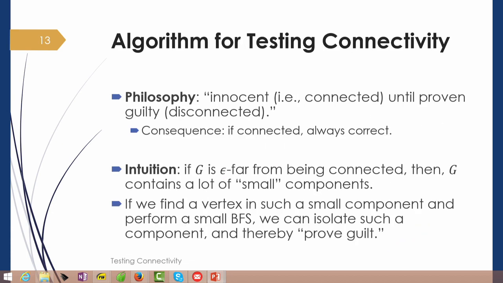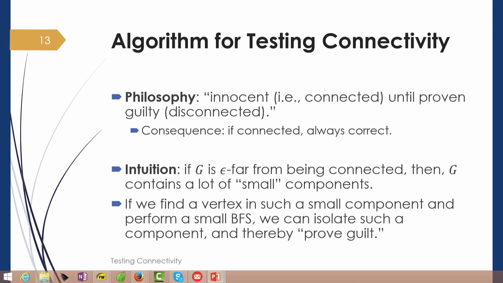The main philosophy behind our algorithm is the following. We're going to assume the sort of innocent until proven guilty paradigm of thought, meaning we're going to assume that the graph is connected and we're going to seek evidence that it's not connected. And until we find such evidence, we're going to say that the graph is connected. And only when we do find some evidence that it is not connected will we say that the graph is not connected.